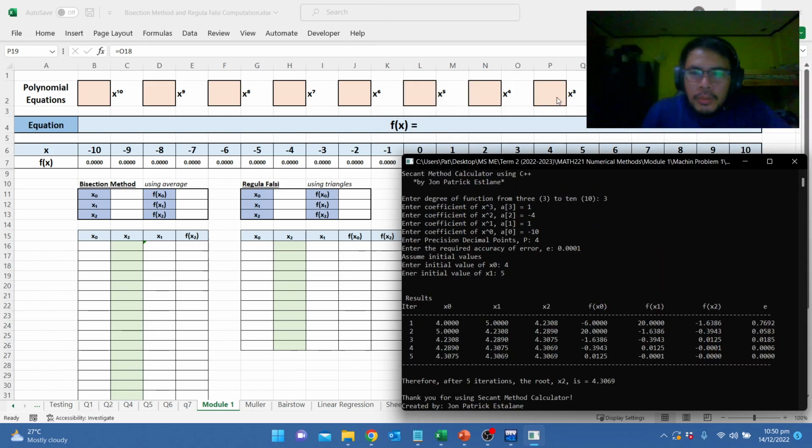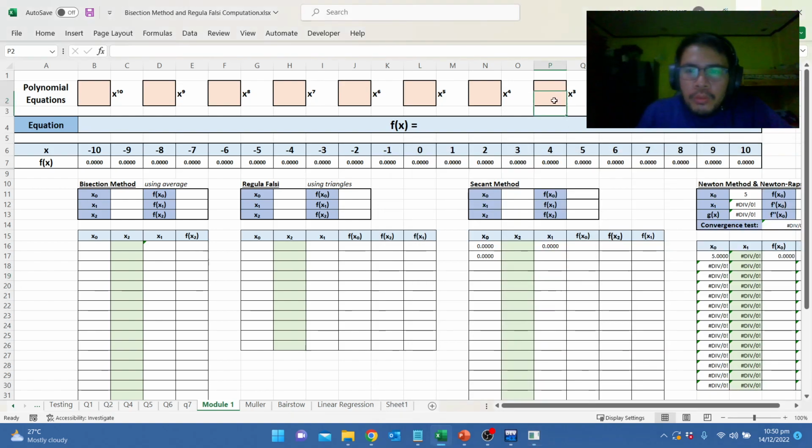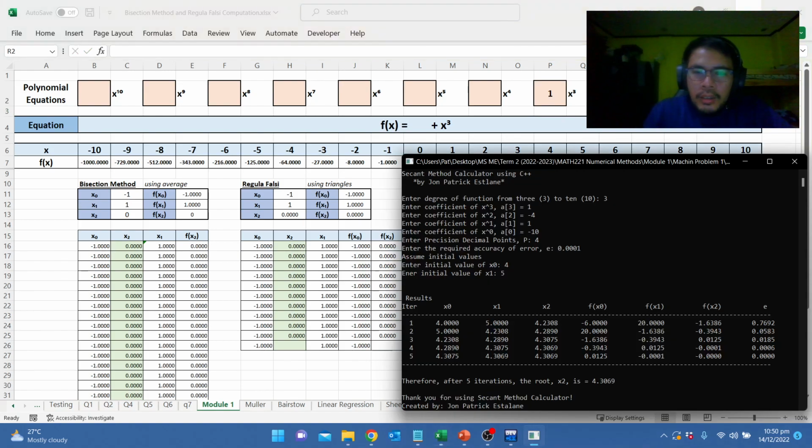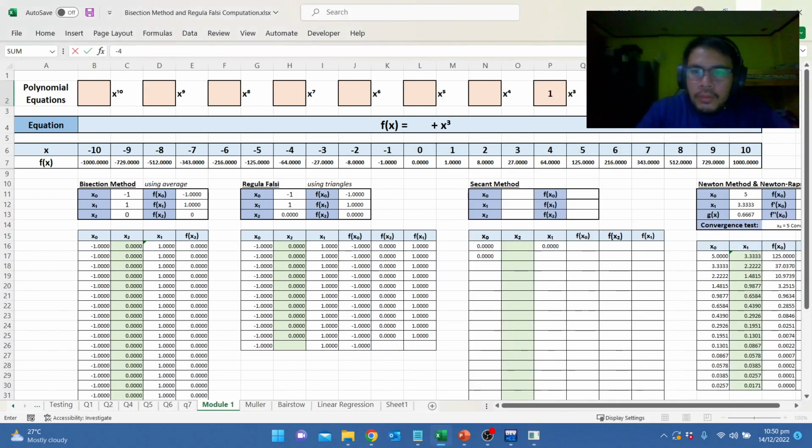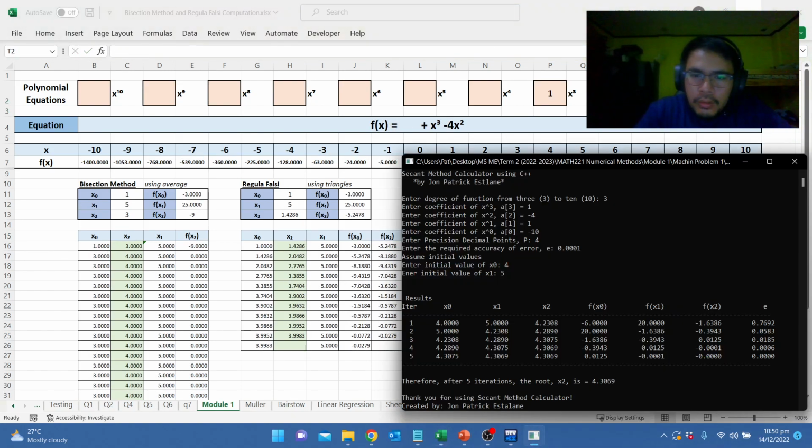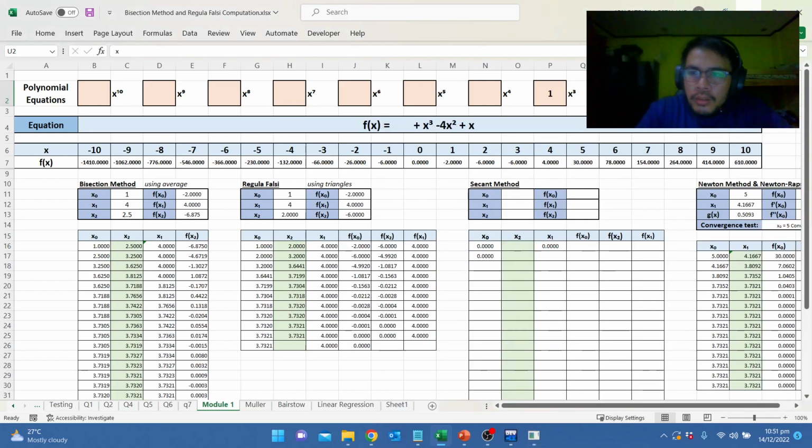Since it's x cubed, we are going to use 1 here, then -4, 1, and the constant -10.